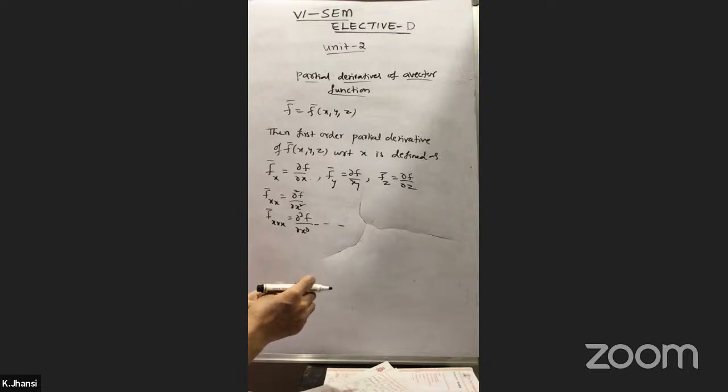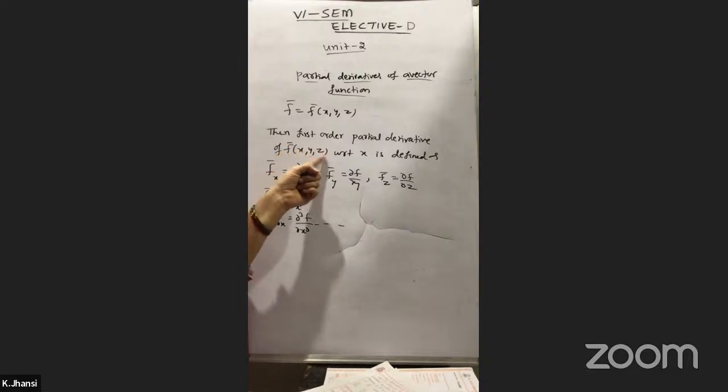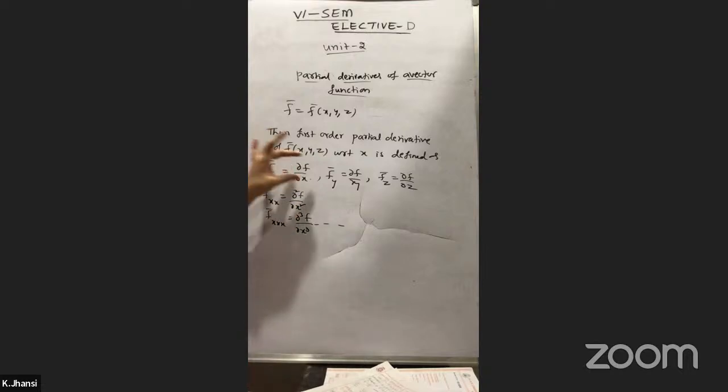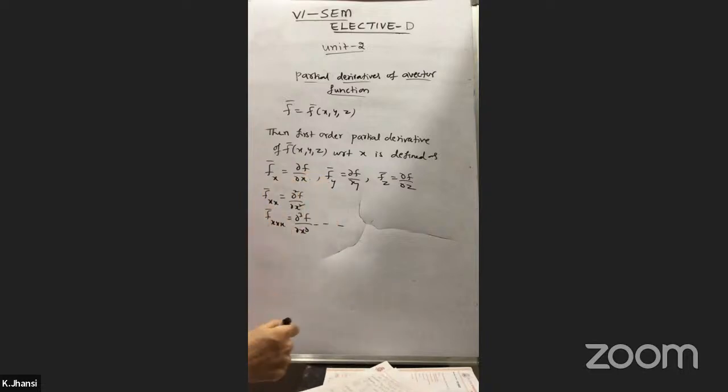So if the question asks to find the first order, the function given will be in the form of three independent scalar variables x, y, z. You have to do the partial differentiation and find the value. If it asks for first order and second order, you have to find these two. So we'll see one problem regarding this. One function f is given, and it asks to find df by dt and d square f by dt square.